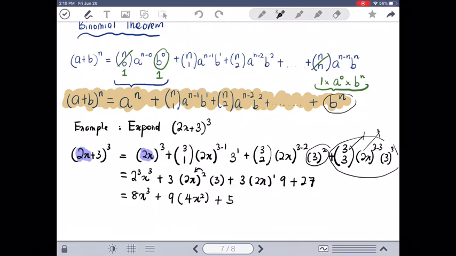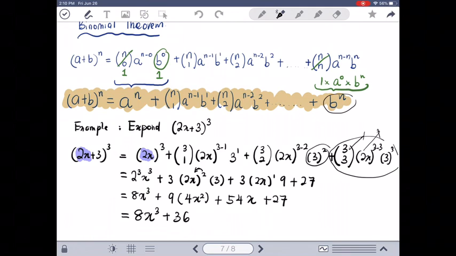So the coefficient becomes 54, x to the power of 1, plus 27. So is there any like terms? No like terms. So rewrite that back. It becomes 8x to the power of 3, plus 9 times 4 is 36x squared, plus 54x, plus 27.